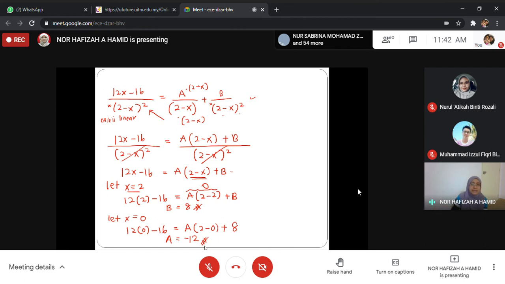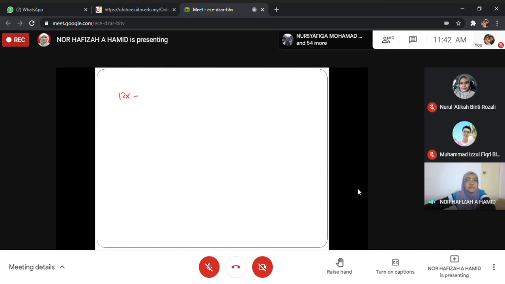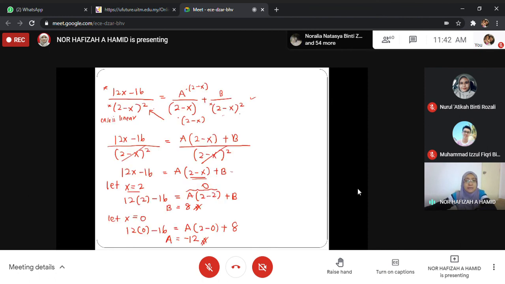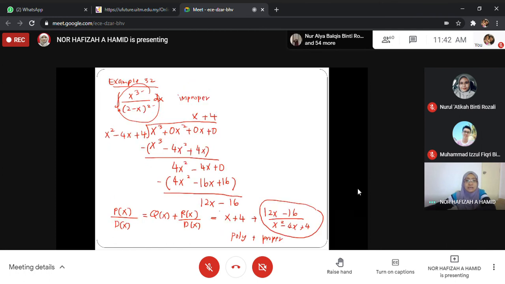Next, you can substitute A and B back into this partial fraction. So I copy your partial fraction again: 12x minus 16 over 2 minus x to the power of 2. I take it from the earlier combined polynomial. Don't forget that we still have the polynomial term.